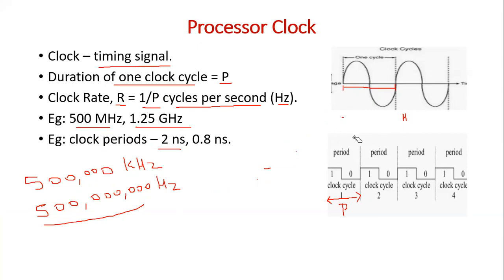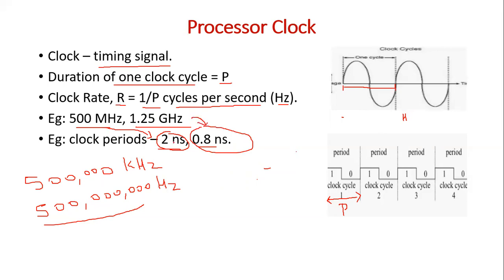If the clock rate is 1.25 gigahertz, then the value of P is 0.8 nanoseconds. So one clock cycle is 2 nanoseconds for a 500 megahertz clock rate, whereas for the other, one clock cycle is only 0.8 nanoseconds.